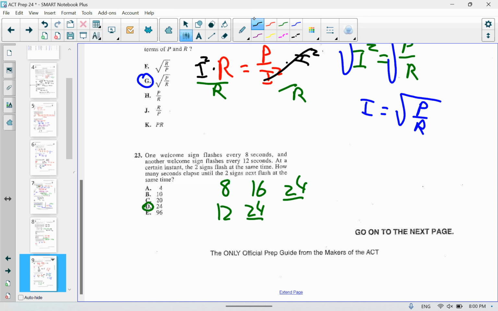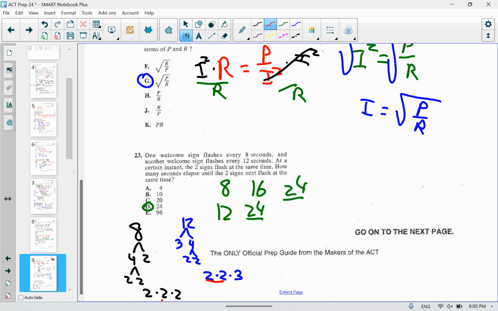The other way to do it, if it wasn't so easy, is I would break down the numbers. So 8 can be written as 4 and 2 or 2 and 2. So 8 is really just 2 times 2 times 2. If I were to break down 12, I can write that as 3 times 4, but I can break down 4 as 2 times 2. So 24 is 2 times 2 times 2 times 3.